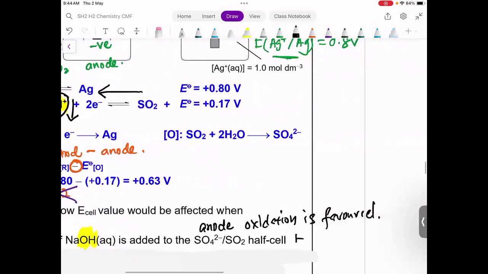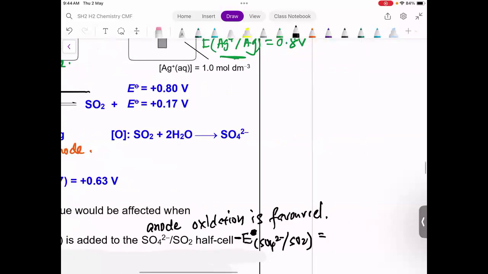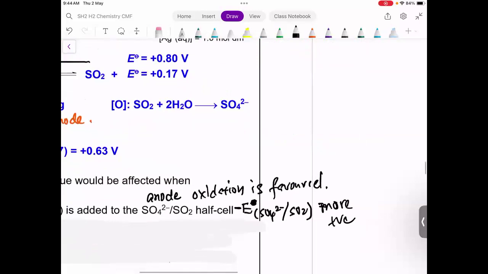Therefore, the minus E of your sulfate, SO2, will be more positive. Notice that I talk about the effect on the half cell first. We need to talk about the effect on the half cell first, then we associate with E cell.